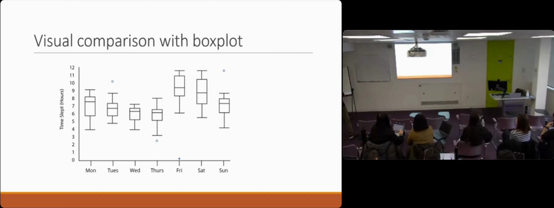Which day is a student sleeping more? Friday. Why? Because the median is higher than anything, right? The range is still 12 to 6, right? What about Saturday? The median is a little less, but still it is high, right? Which day is he sleeping very few hours?